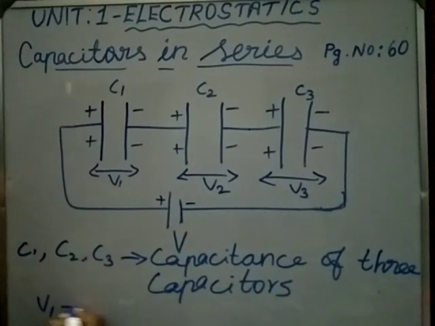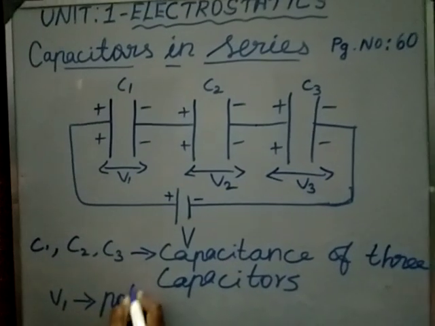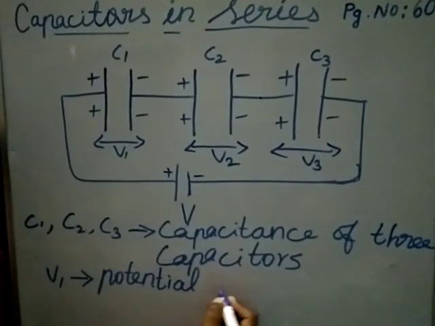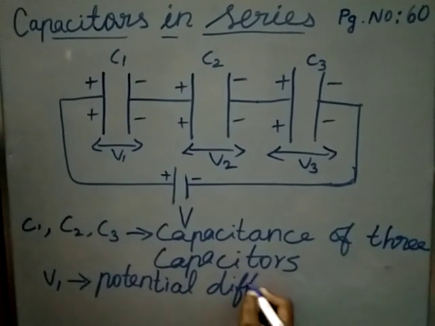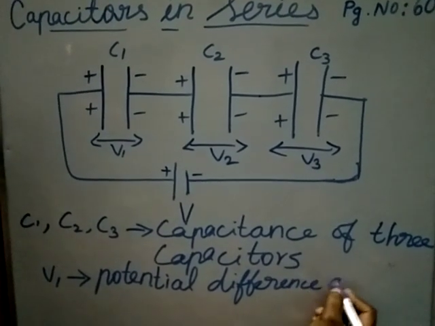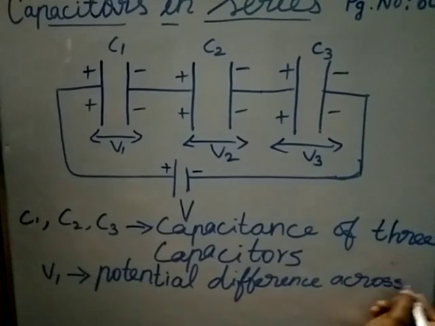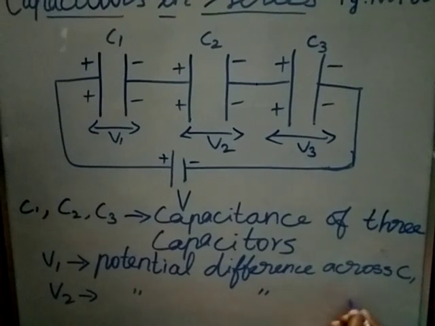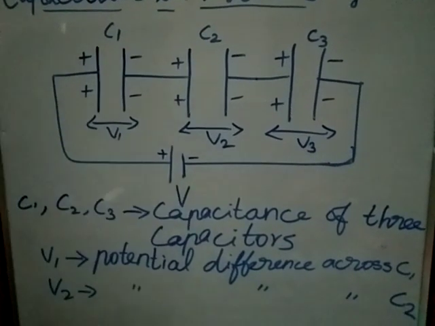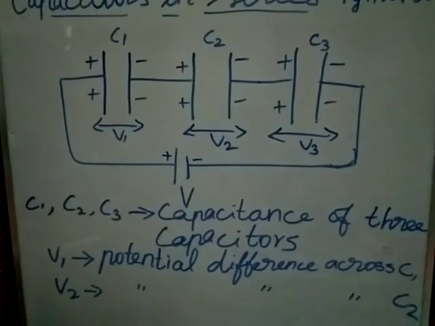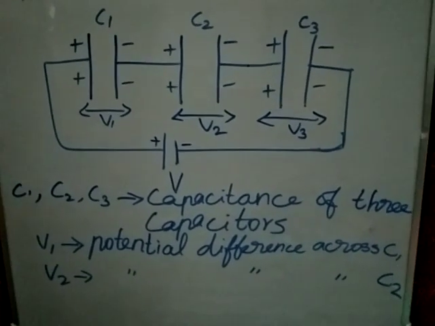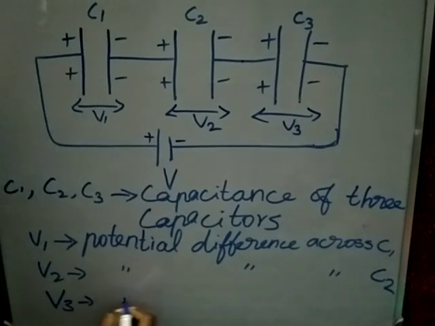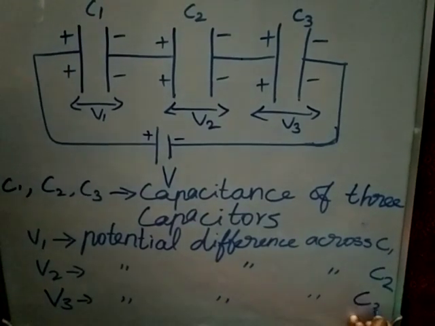What is V1? Potential difference or voltage drop across C1. What is V2? Potential difference across C2. What is V3? Potential difference across C3.